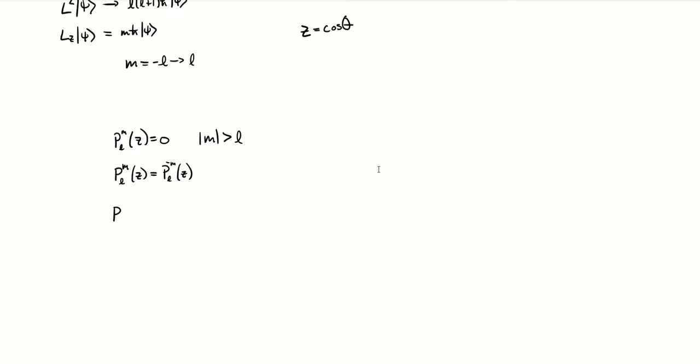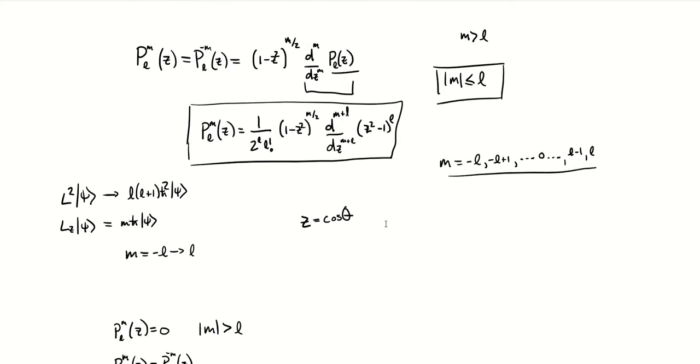Another property is that evaluated at plus or minus 1, these are equal to 0. You can actually see this just from this term here. Plug in plus or minus 1, we get 0 there. This is equivalent, if we think about our z being cosine, to sine theta at the poles of our space being 0.